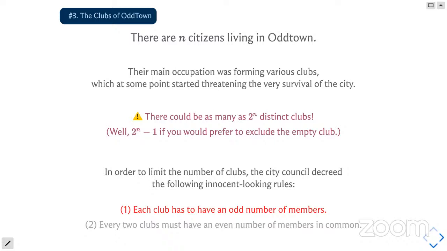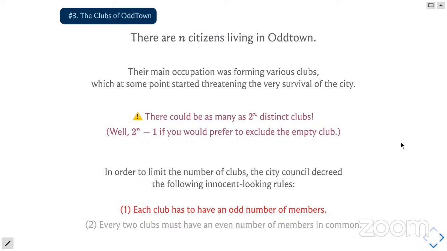So either way, moving on, what if we only insisted that every pair of clubs must have an even number of members in common? This one's maybe a little less obvious, but can you still form lots of clubs? Notice that if we only had the first rule in play, we still have exponentially many clubs.